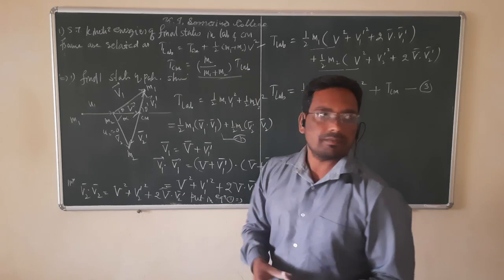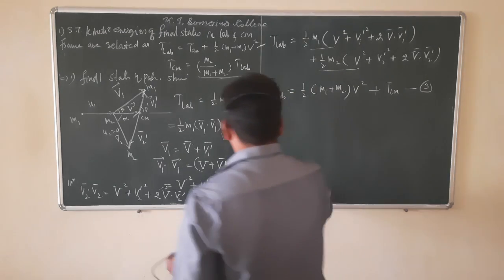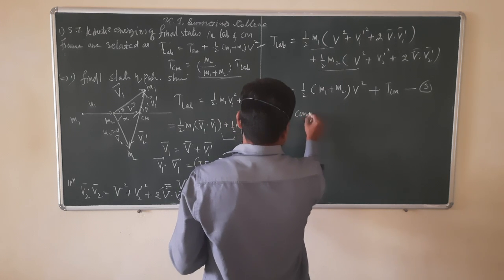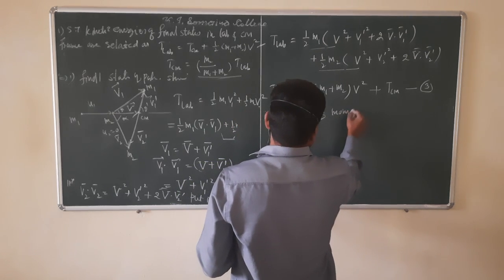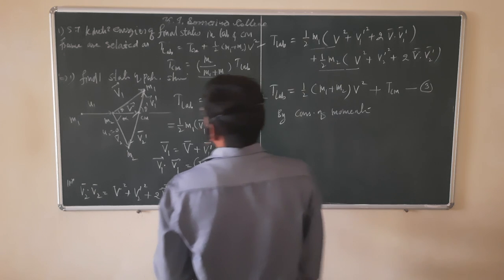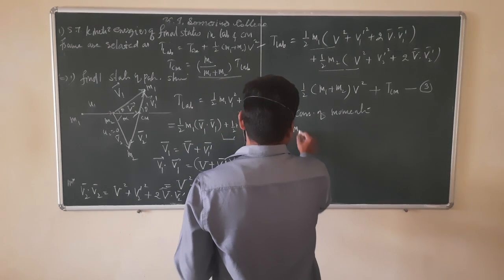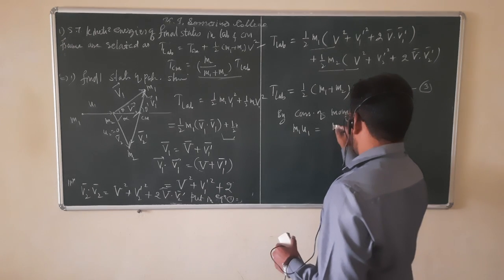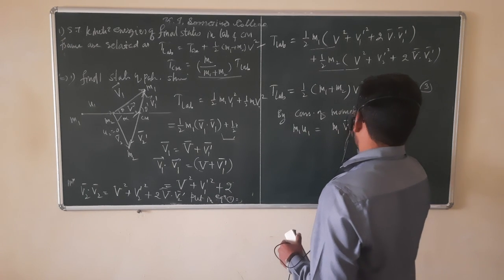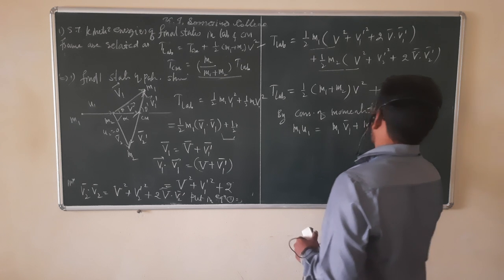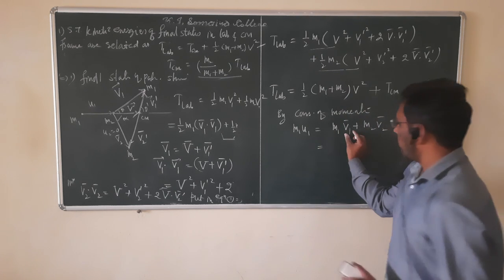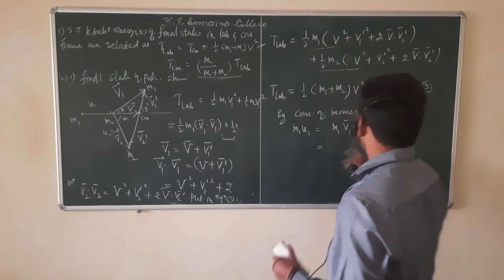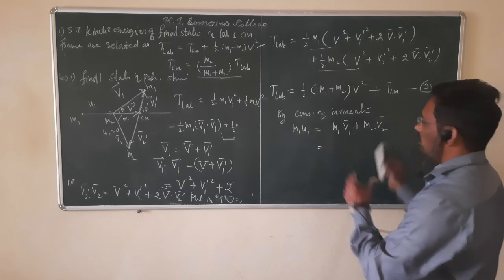Now the second section. By conservation of momentum, the momentum before scattering, m1 u1, is equal to the momentum after scattering, m1 v1 plus m2 v2. You can write vector v1 as V plus v1 dash, and vector v2 as V plus v2 dash.